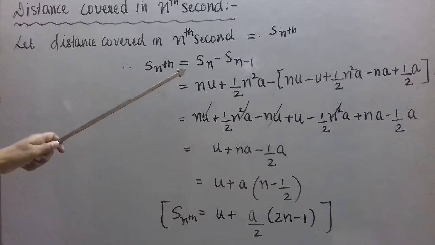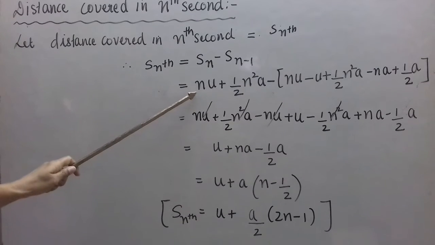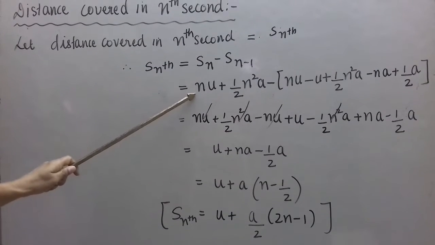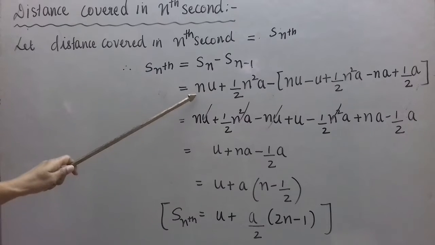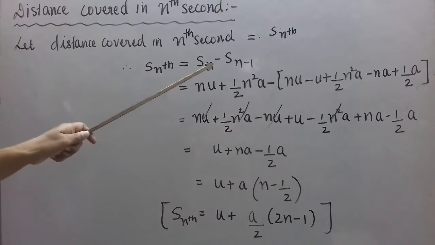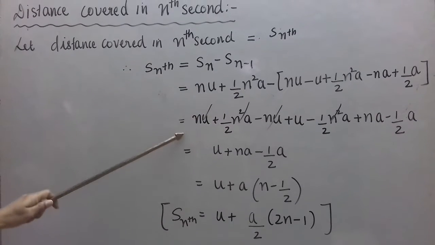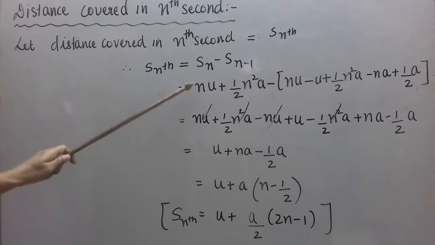That is Sn minus Sn minus 1. Here I have just put the value of Sn that we have derived just now, nu plus half n square a, minus the expression which we have found just now for Sn minus 1. So now I am going to open the brackets.